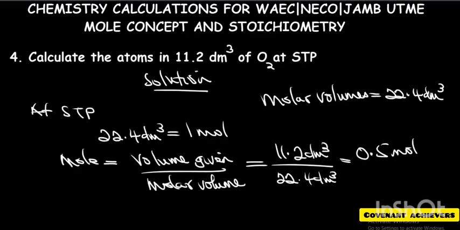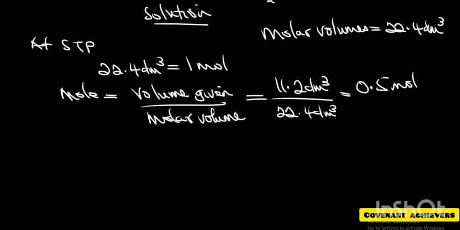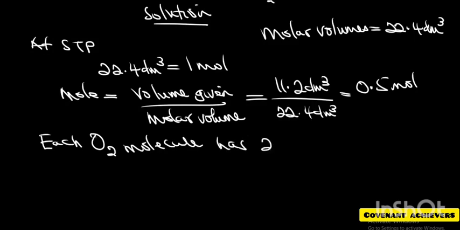Then the next thing is for us to calculate the number of atoms. Now each oxygen molecule, which is O2, has 2 atoms.